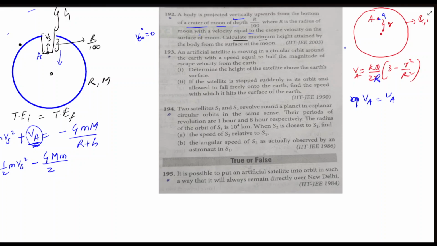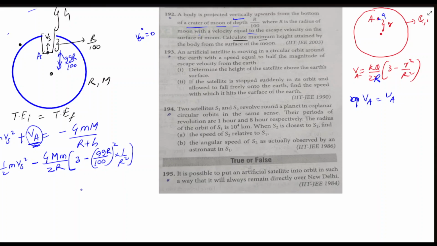Where capital R is this, into 3 minus small r square by capital R square, where small r is the distance from the center. So this distance we have to take. It will be 99R by 100, and this will be squared into 1 by R square.